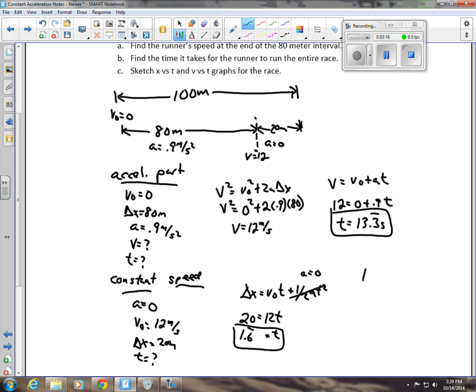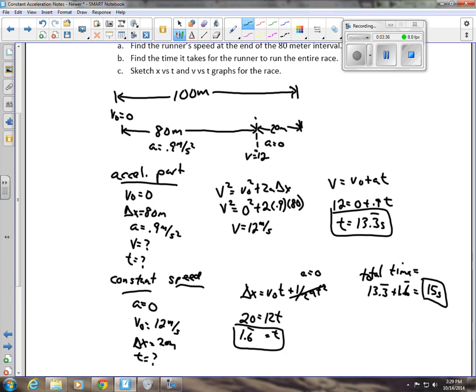So now to get the total time, I can just add those. 13.3 plus 1.6 repeating. And that's going to give me 15 seconds for the total race.